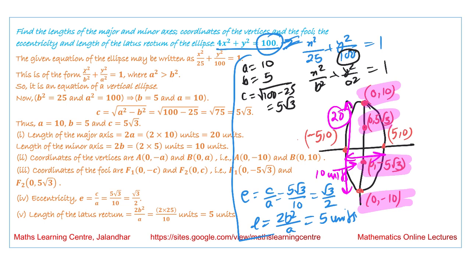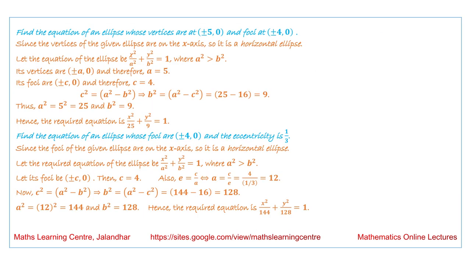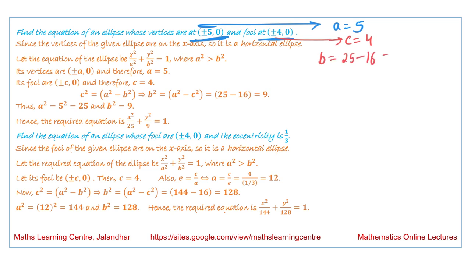Next is find the equation of the ellipse whose vertices are these, which are given, and foci are given over here. So corresponding to this vertex, the value of a is given to be 5. From this focus we obtain the value of c to be 4. So we obtain b² = 25 − 16, that is equal to 9.